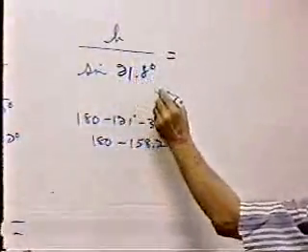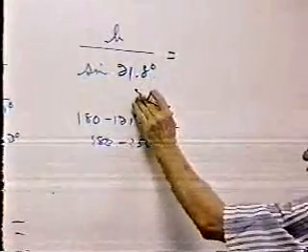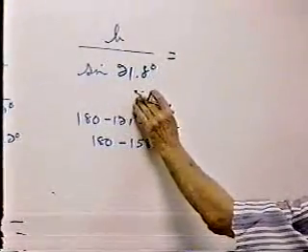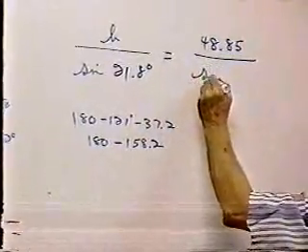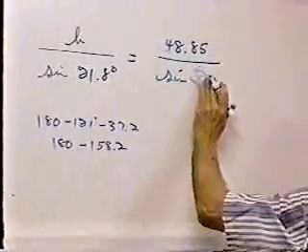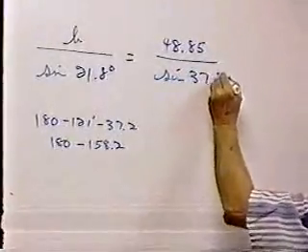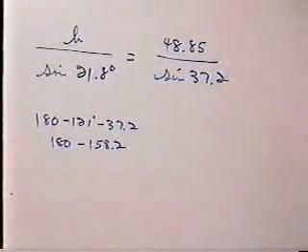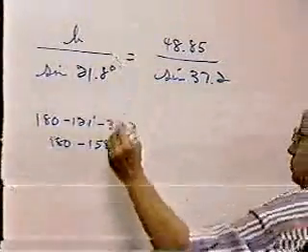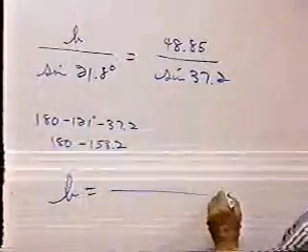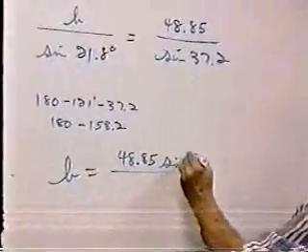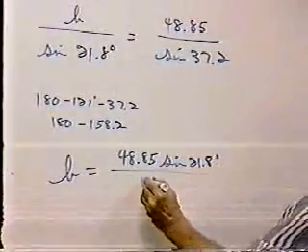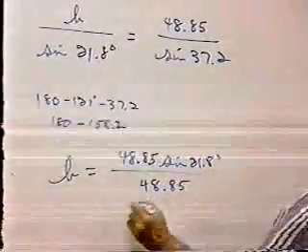So B is to the sine of 21.8, as C is to the sine of C. Again, use the numbers that are given rather than numbers that you found, if possible. All right, so cross multiplying, B is equal to 48.85 times the sine of 21.8 divided by the sine of 37.2.